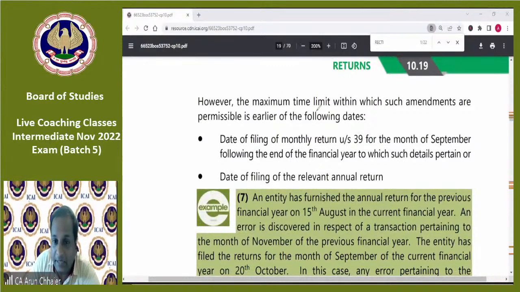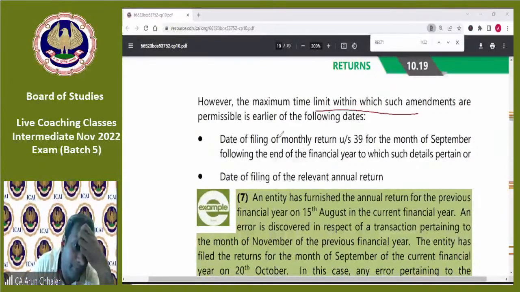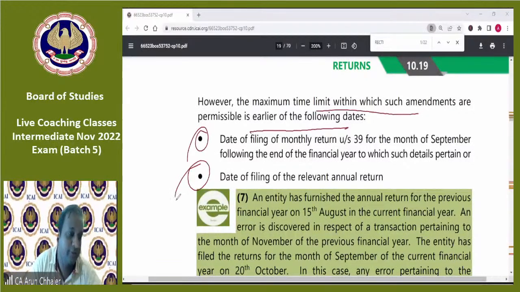However, the maximum time limit within which such amendment is permissible is the earlier of the below two dates.